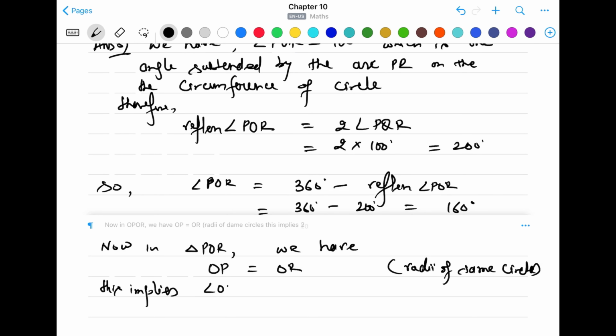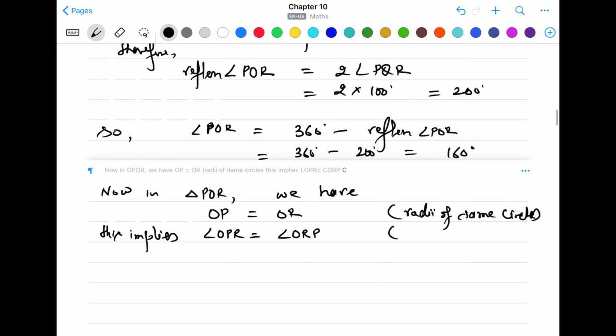Angle OPR will be equal to angle ORP. That is, angles opposite to the equal sides of a triangle are equal. So these two angles will be equal.